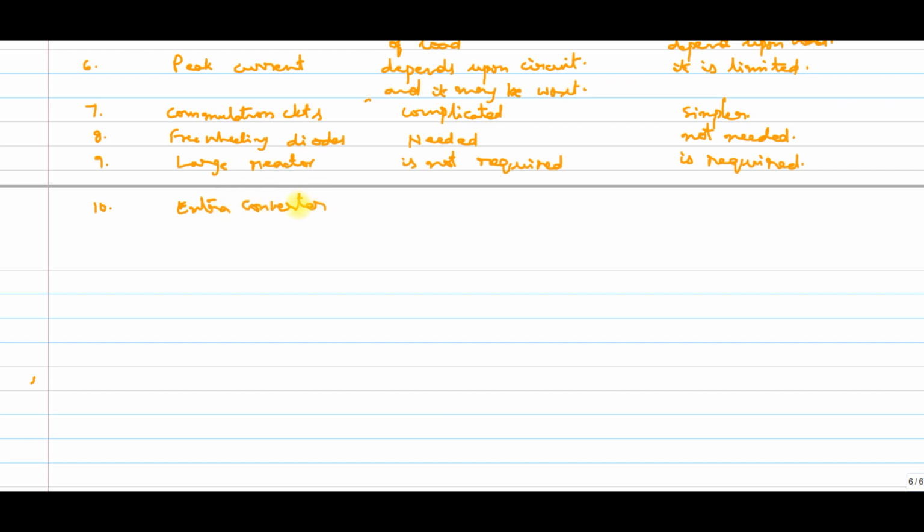It may be used to get a constant input voltage in the case of VSI, and an extra converter may be used for getting constant input current in the case of CSI.